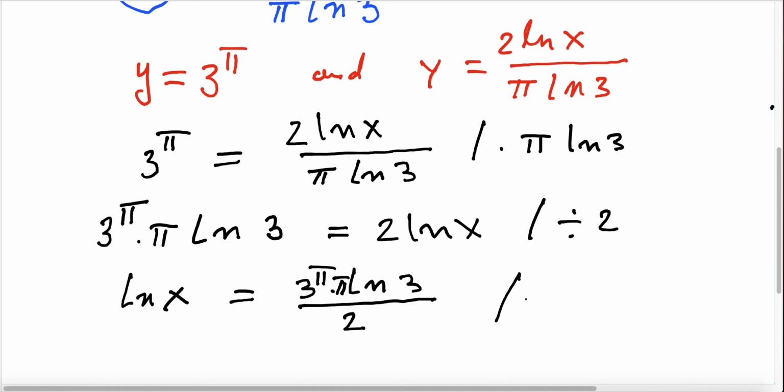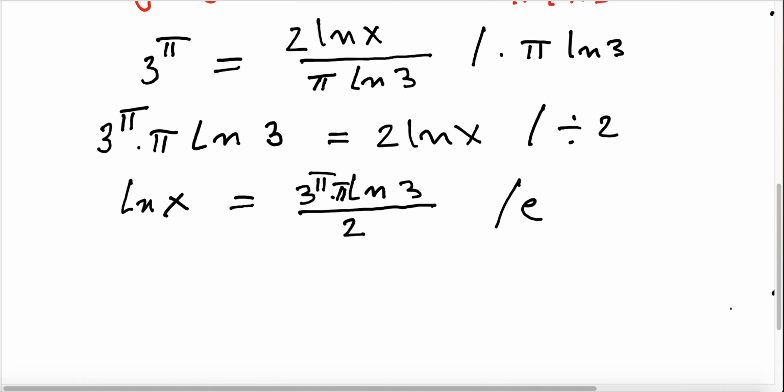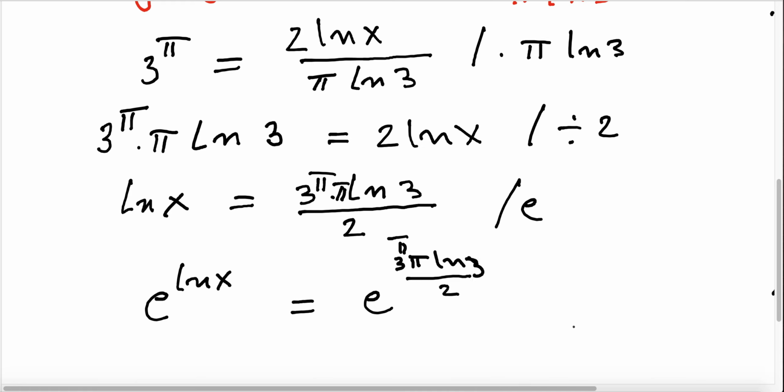If we put both sides as the power of the exponent e, e to the ln x is going to be equal to e to the power 3 to the pi times pi ln 3 divided by 2.